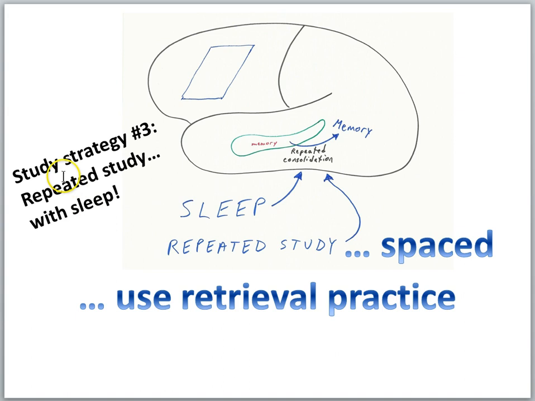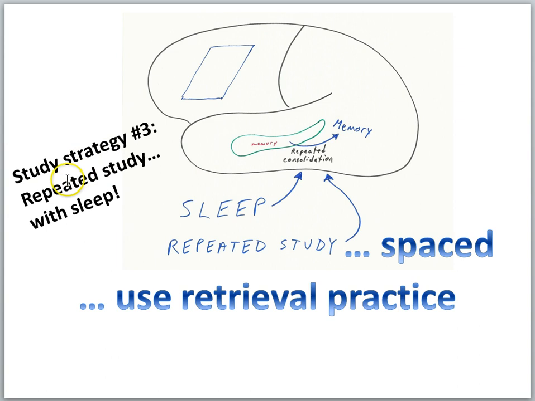And a final strategy for effective learning is to use repeated study sessions with sleep intermixed. So it turns out that scientists have gathered lots of evidence that important memory consolidation processes are occurring during sleep. So sleep is a really important factor to consider if we want to store information into the long-term memory system.